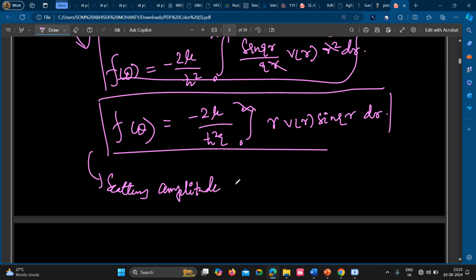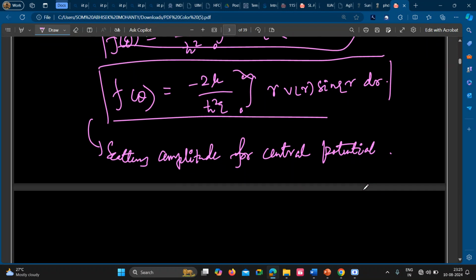This is a very important relation, and it comes under Born approximation.